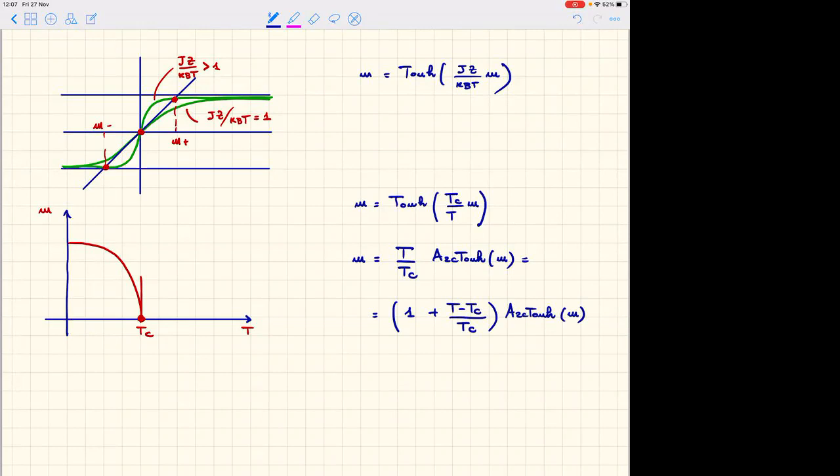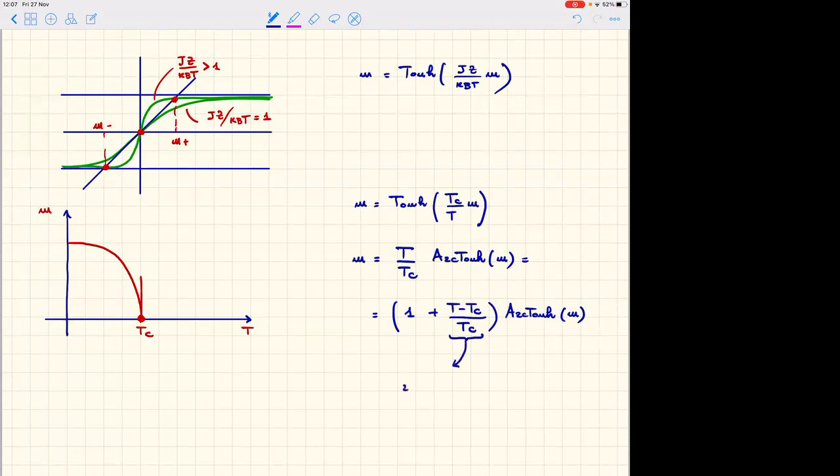Now, this quantity here has a name in the theory of phase transitions.